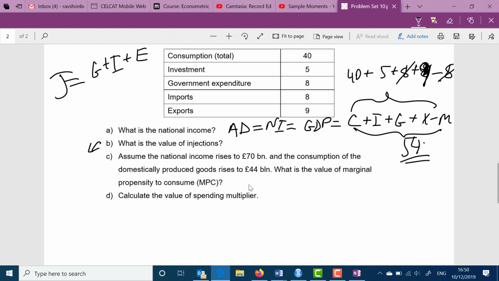Imports is a withdrawal, isn't it? When you are importing, you are actually paying another country, so money goes out. Injection is when money comes into the economy. Exports. So by exporting, we are bringing some cash into the economy. Governments inject money into the economy. Investors inject money. So I, G are included there.